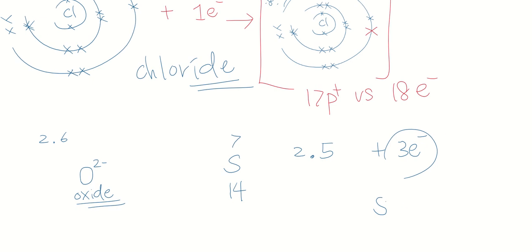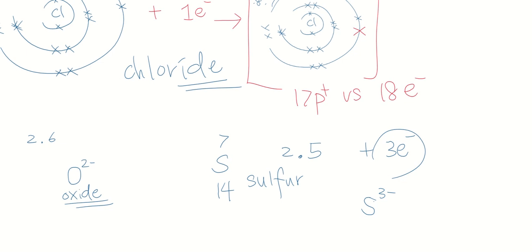Sorry, I should represent it as 2 minus. So this sulfur will become sulfide. Okay, it's just their naming. You cannot call it sulfur anymore because it took in electrons, something has changed. So it's called sulfide.